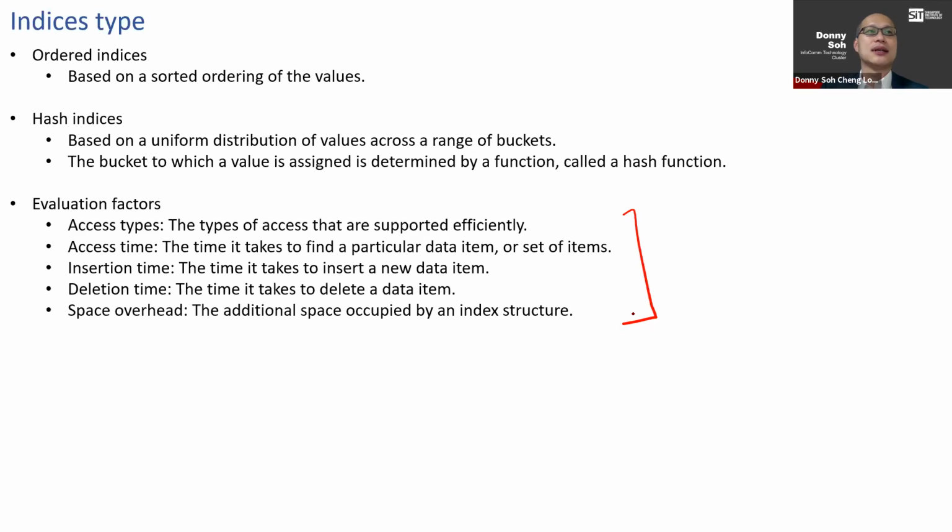Some of the factors are the access types, the type of access that is supported efficiently, and the access time, how long it takes to find a particular data item or range of items. For example, a query like greater than 1,000. I will cover this a little later, but hash indices cannot do this well because every single value has a unique hash, so hash indices perform very badly in queries like this.